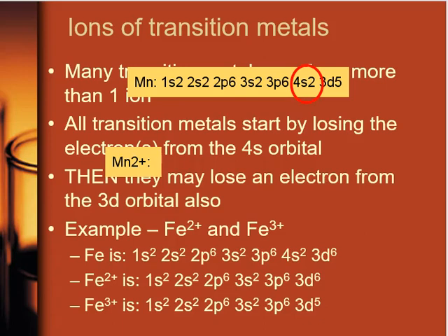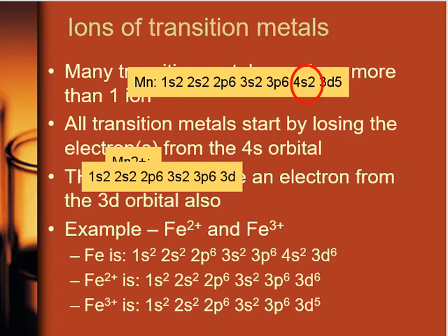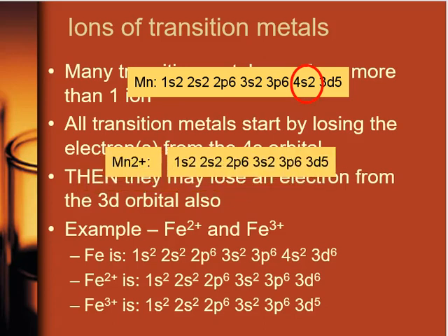So when we do the Mn2+ ion, then we get 1s2, 2s2, 2p6, 3s2, 3p6, 3d5. Just like that. That's all there is to know about drawing those electron configurations.